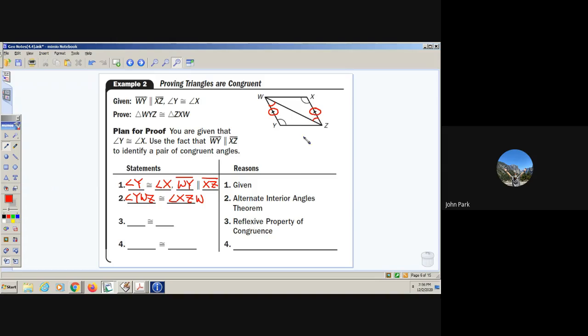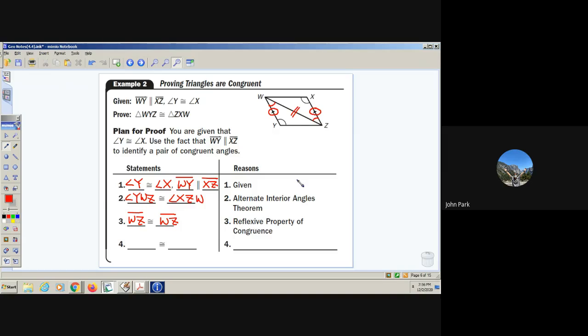That's the alternate interior angles theorem that tells you those are congruent, right? Now, we also know that since these two triangles overlap here, this is going to be congruent to itself. That's the reflexive property. So segment WZ is congruent to itself, segment WZ, and I already marked it, right?